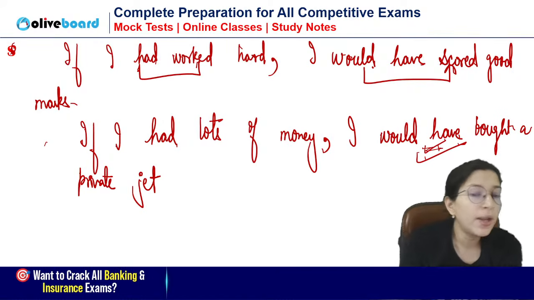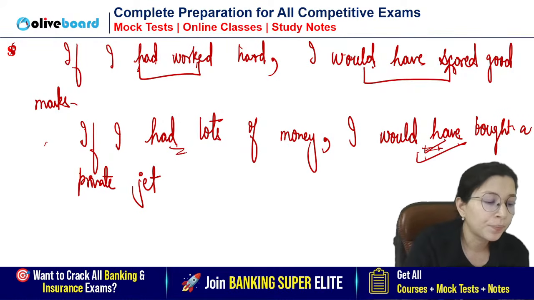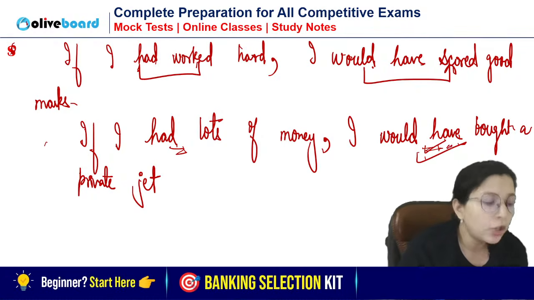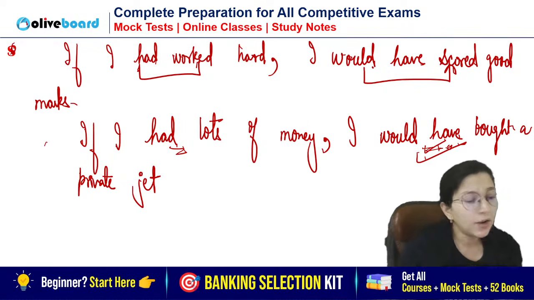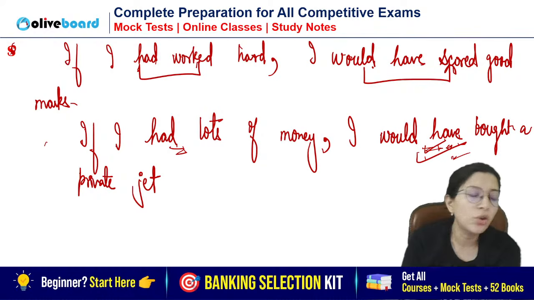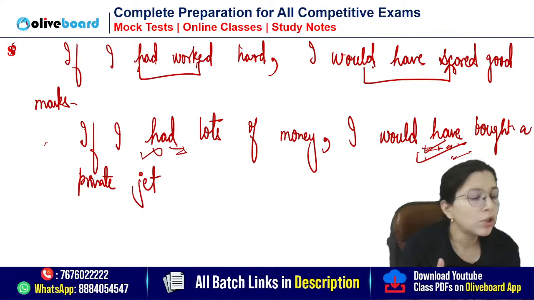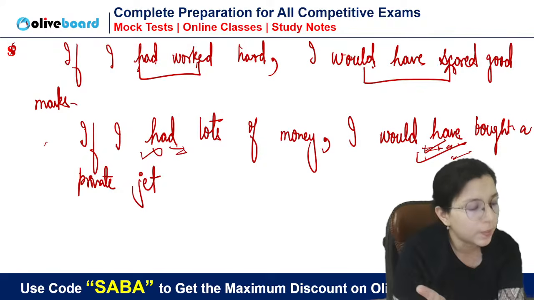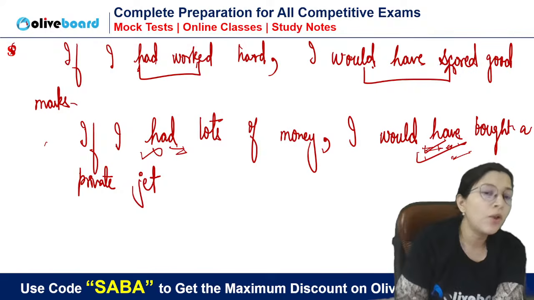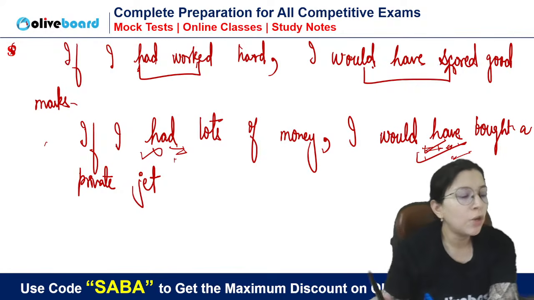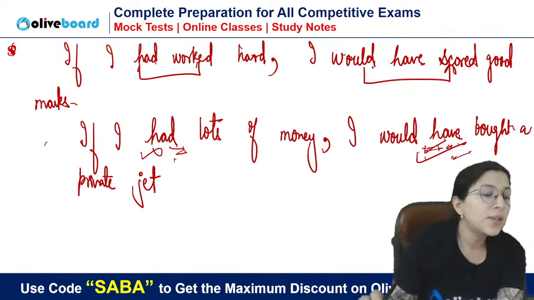If the subordinate clause is correct and the principal clause is wrong, then you will change the principal clause. Otherwise, if the principal clause is correct, you will always try to make changes in the subordinate clause, because in sequence of tenses, the tense of the subordinate clause is determined through the principal clause. So if you have both possibilities to change, principal and subordinate clause, which one will you prefer? You will prefer the subordinate clause.